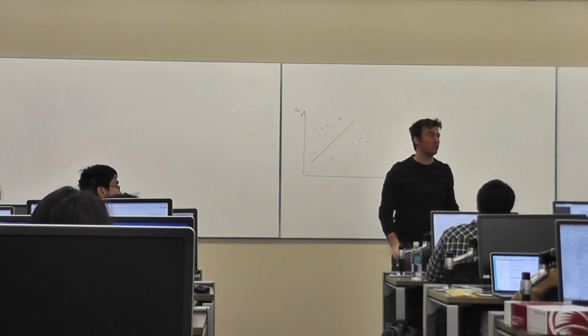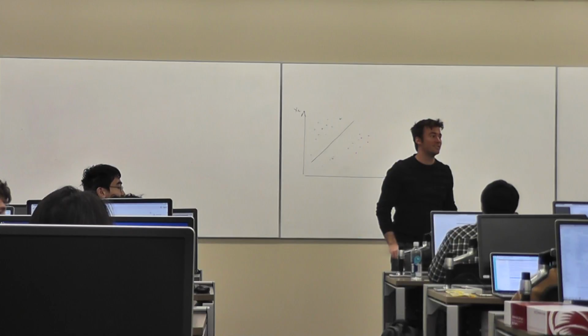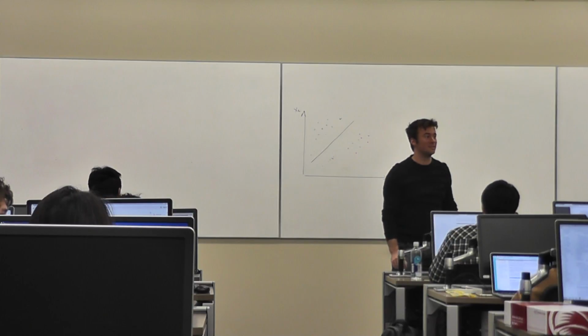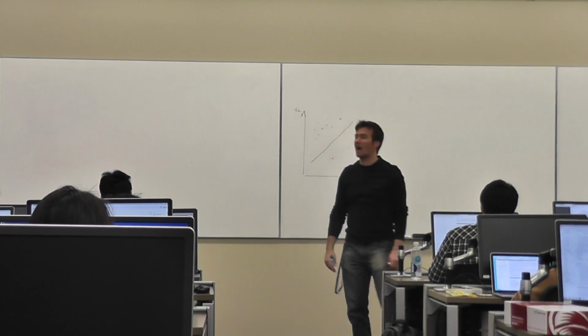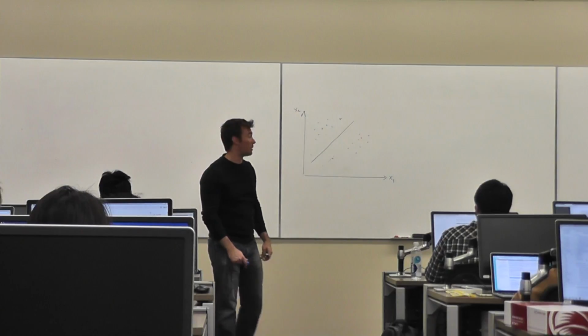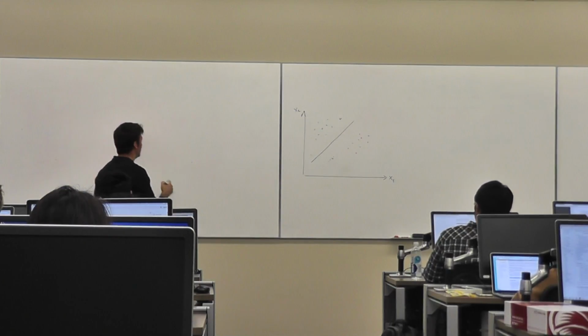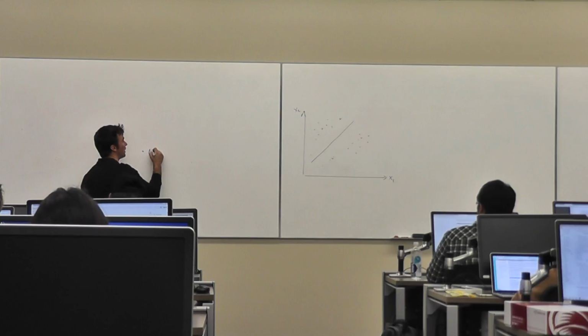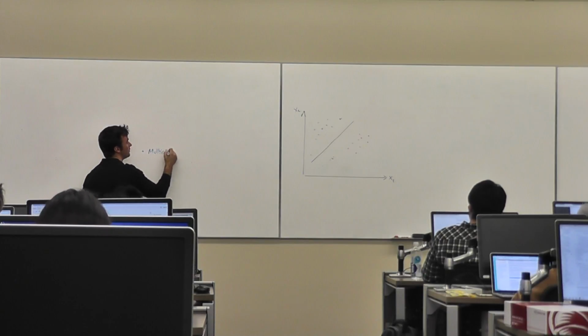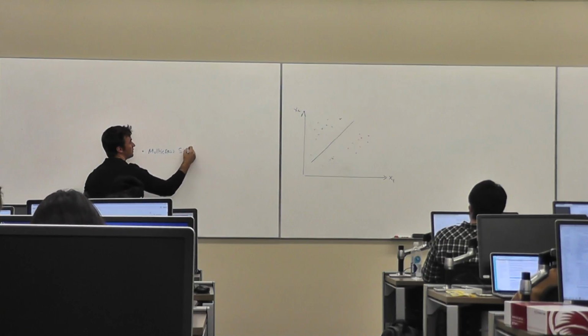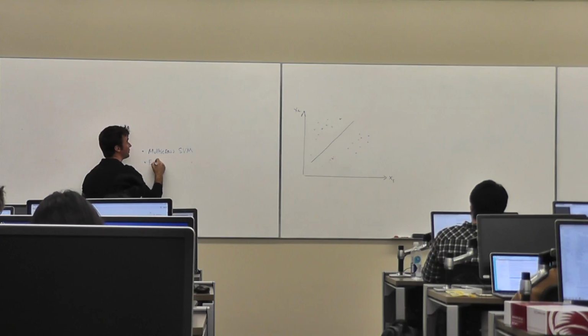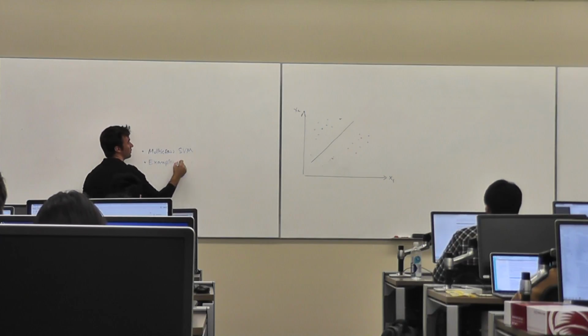K-means clustering. What are examples of clustering? Unsupervised learning. I should come back and give you some examples. Two things on my agenda are multi-class SVM and examples. And there are lots of very good ones of unsupervised learning.